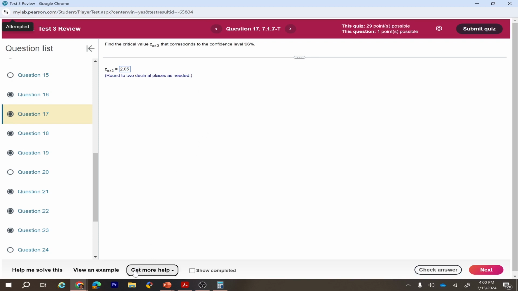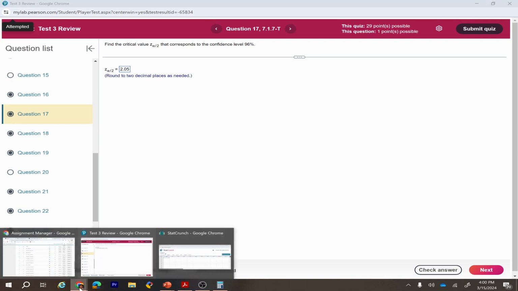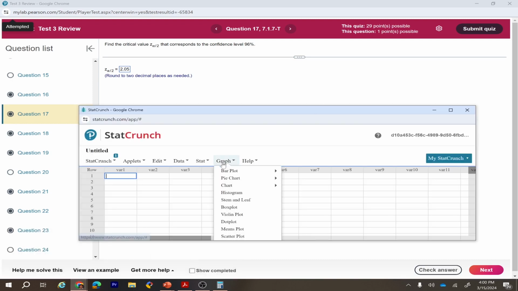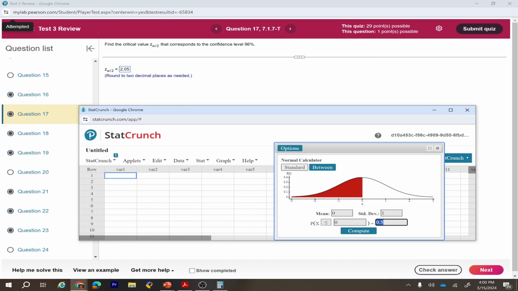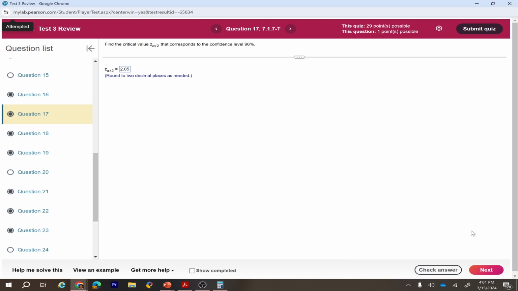So you use that normal distribution calculator. You go to StatCrunch, find the normal calculator, and the area under the curve to the right side is 0.02, so it's supposed to be greater than. For that, this z-score is the critical value, 2.05.